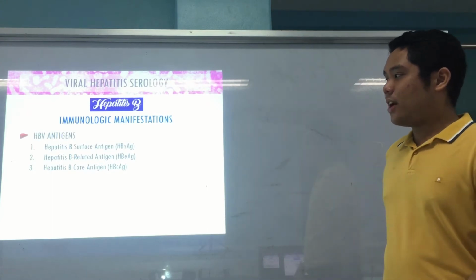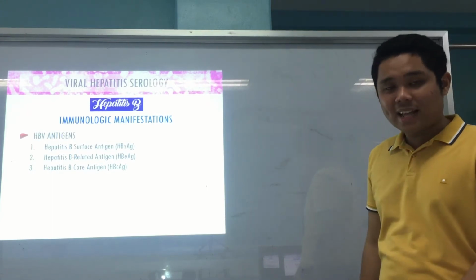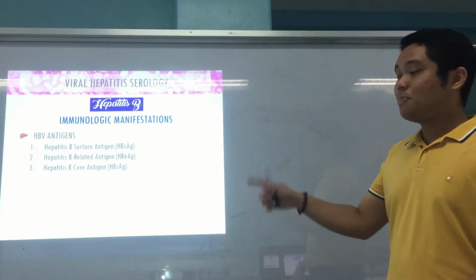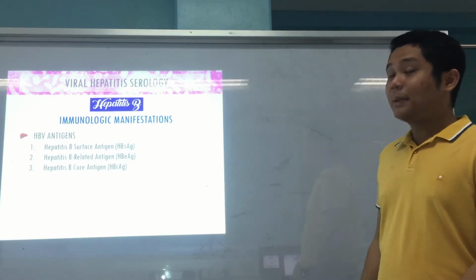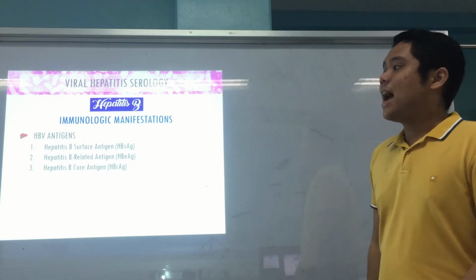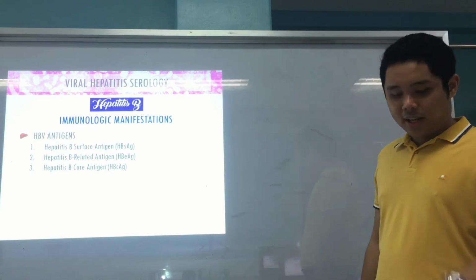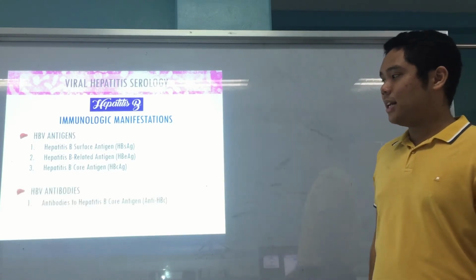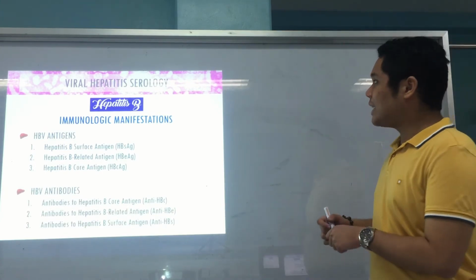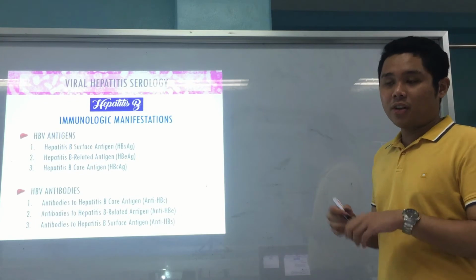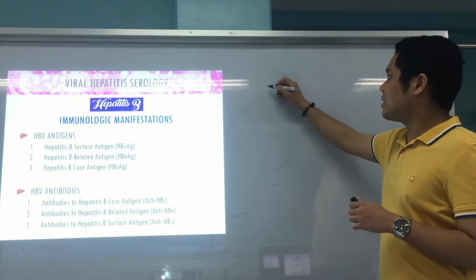So you have HBsAg, hepatitis B surface antigen, HBe, the soluble nucleocapsid protein, and hepatitis B core antigen or HBc antigen. And of course, if there are antigens, the body's response is antibodies, so each of them has its own antibodies.